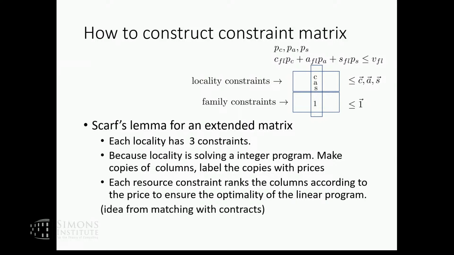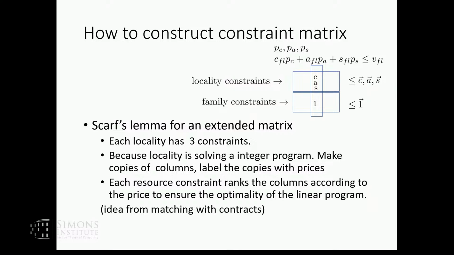So the way we do it, we're going to make a lot of copies for each match. And each copy, we're going to label with a set of prices on kids, on adults, and on seniors, so that it satisfies this inequality. It's like I have a budget of that value and how I would like to distribute that budget across the kid, the adult, and the elderly.